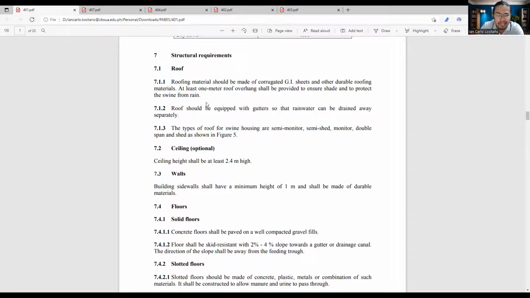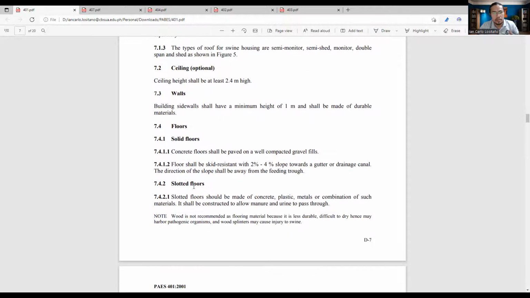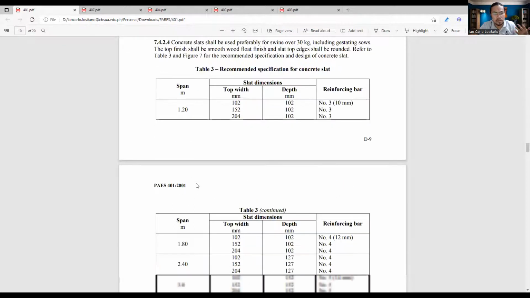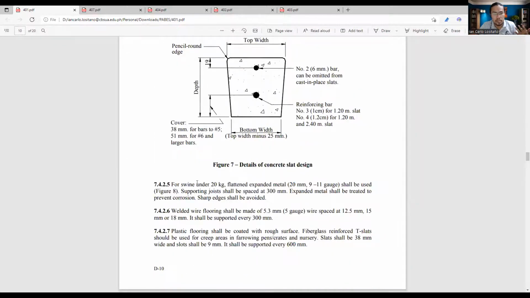So while this is the best, such statement or requirement remains recommendatory in provision or in degree, right? So after a roof, we're going down. We have the ceiling, we have the walls, and then the floors, and we have also the foundation, and the design of the floor itself.